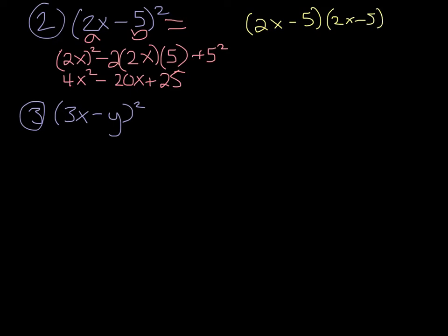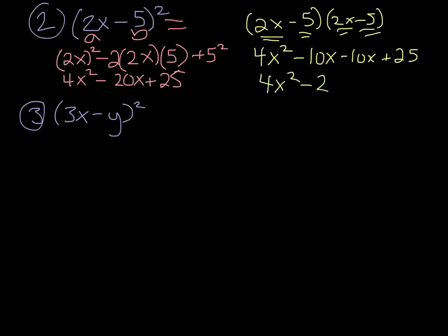I do 2x times 2x, that gives me 4x squared. Make sure that when you do it, you do make it x squared. Then I have 2x times minus 5, that gives me minus 10x. Then minus 5 times 2x, that gives me minus 10x again. The last thing I do is negative 5 times negative 5, that gives me positive 25. So my final answer is the exact same thing.